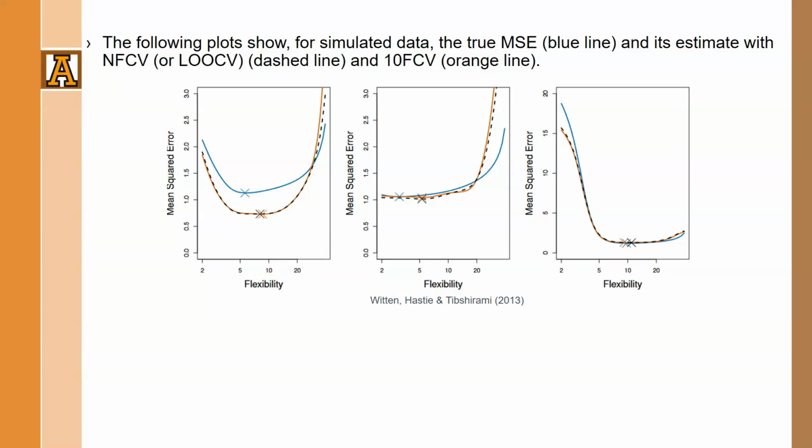For K nearest neighbor it is the number of nearest neighbors that we're going to consider. For support vector machine it is going to be the cost of the misclassification. For a polynomial curve, it will be the degree of the polynomial.